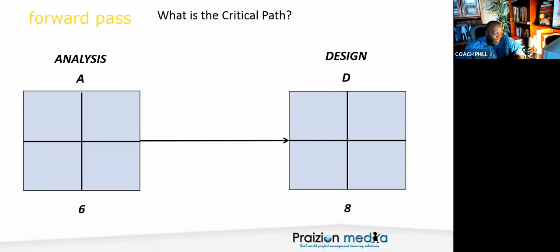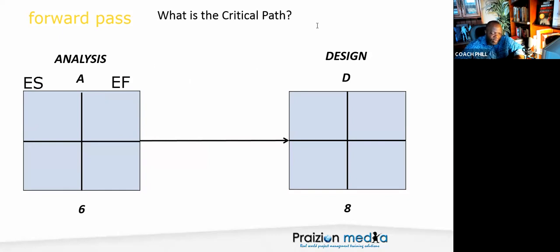A forward pass involves finding out the early start, the earliest time a task can start, and the early finish, the earliest time a task can finish. These are going to be in the top two boxes here. So assuming we're starting a project, typically we would say that's the first day.